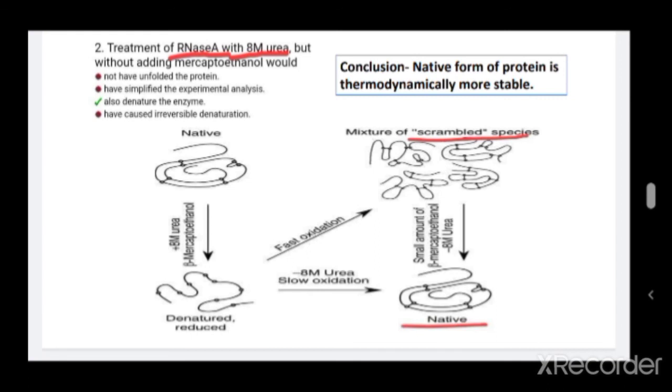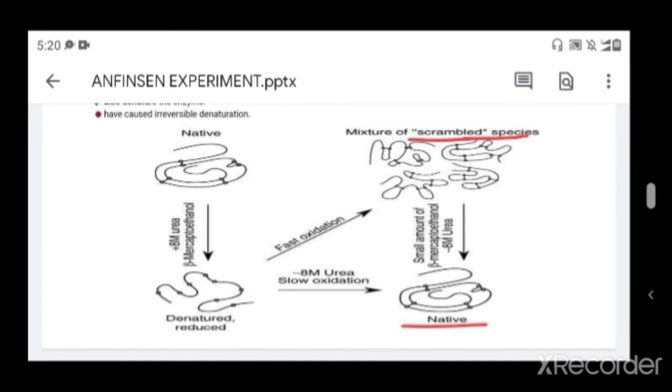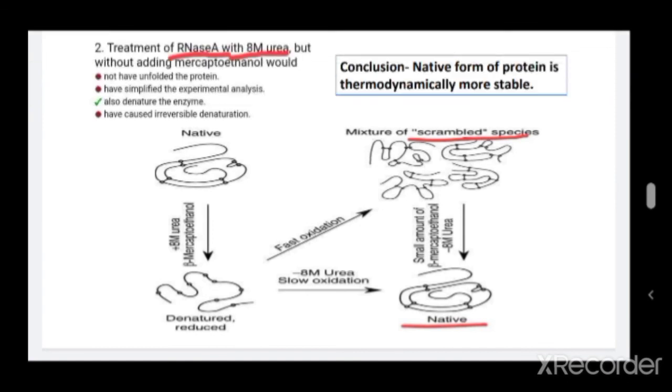Then when you remove the urea and there are traces of mercaptoethanol, it will renature the protein and form the native conformation. So this is all about the Anfinsen experiment. This is the relationship between the amino acid sequence and the protein conformation.